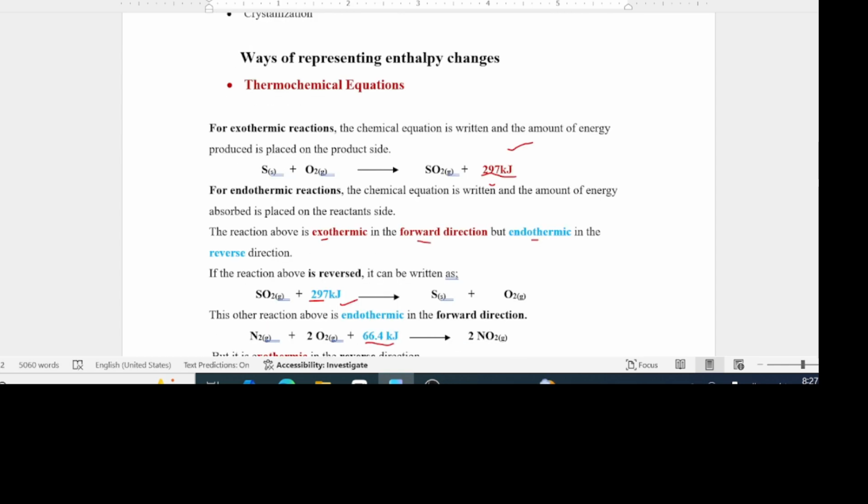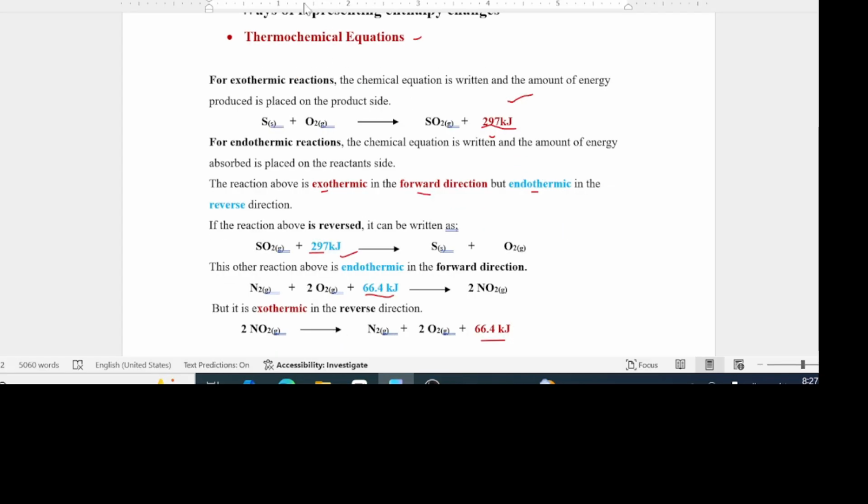There's a number of ways of representing enthalpy changes, and one of them is by the use of thermochemical equations. For an exothermic reaction, the chemical equation is written and the amount of energy produced is placed on the product side.